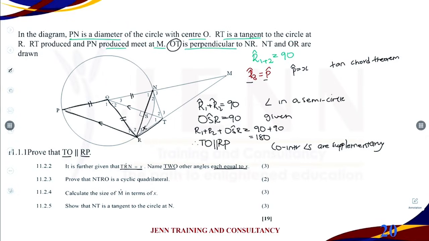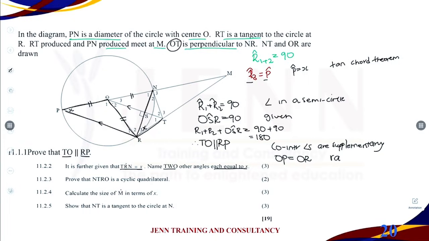Because we know the size of angle P is X, we will have to use triangle POR. In triangle POR, OP is equal to OR.